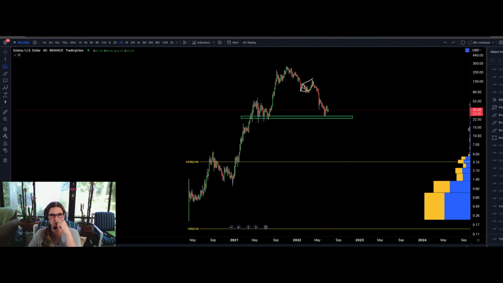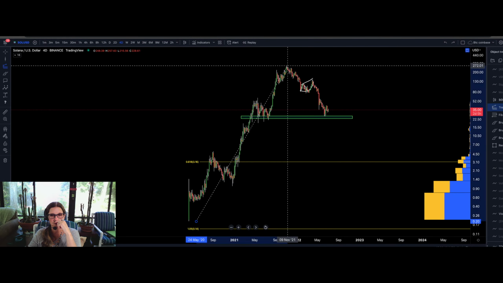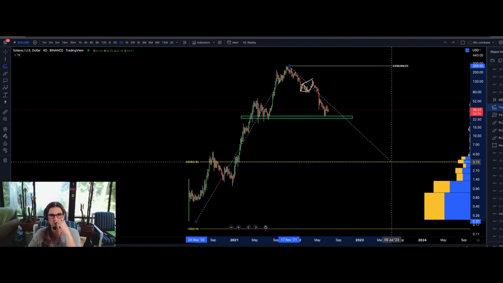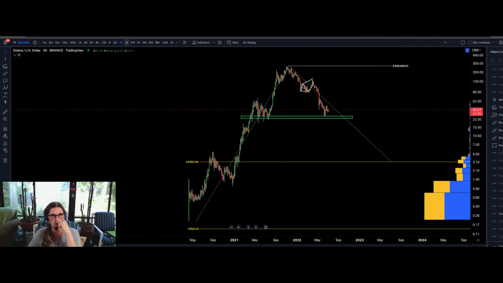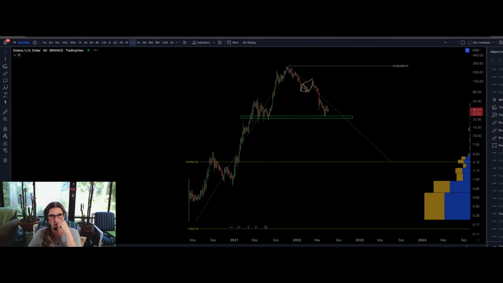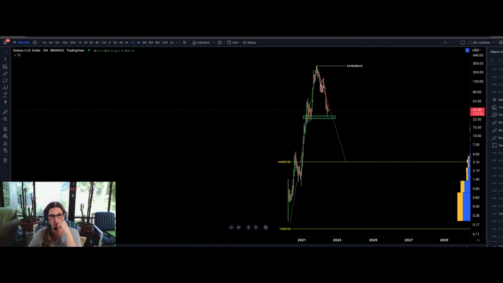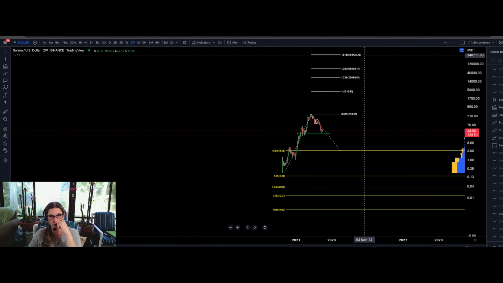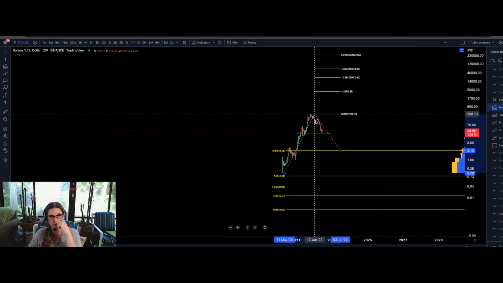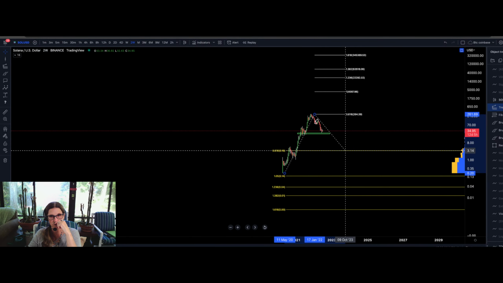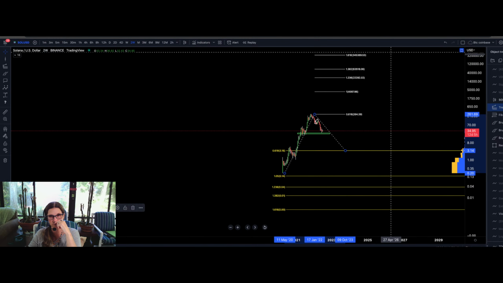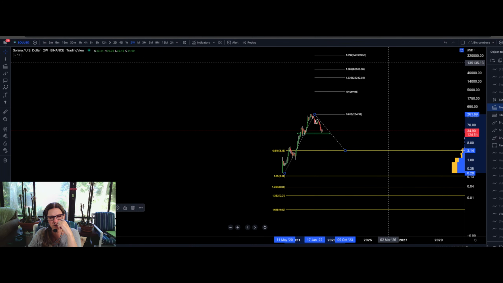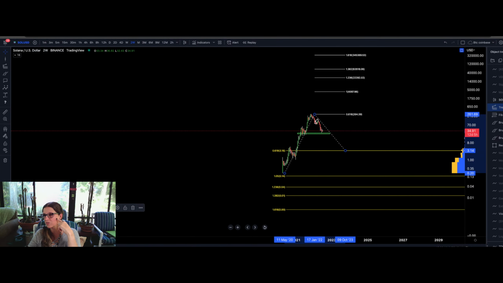Let's just take a projection on what we're looking at when the third wave finally hits. If we're going to go with these fib extensions, we're talking crazy numbers. 34,000? $34 to 34,000?